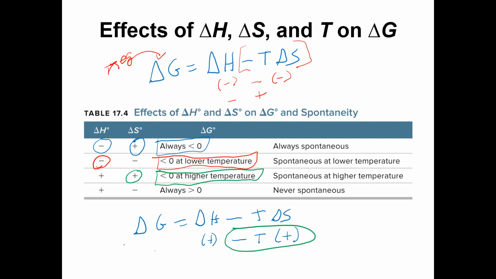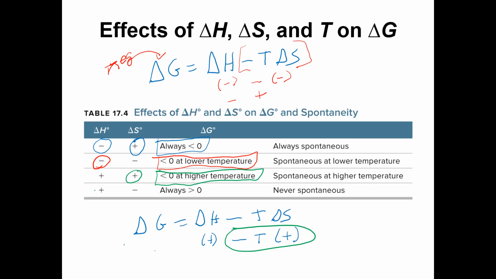If we have the situation where delta H is positive, which we know is not spontaneous, and delta S is negative, which we also know is not spontaneous, there's no way mathematically that works out to be less than 0.